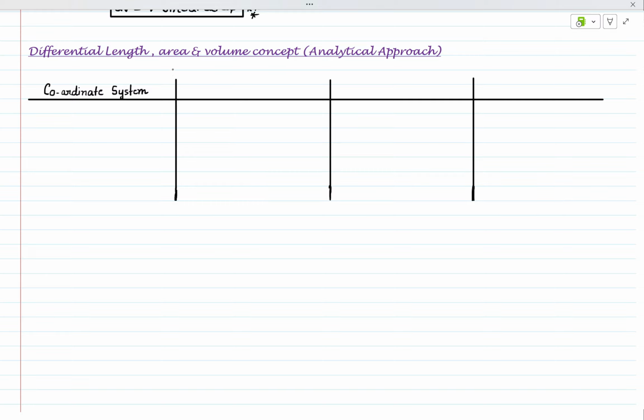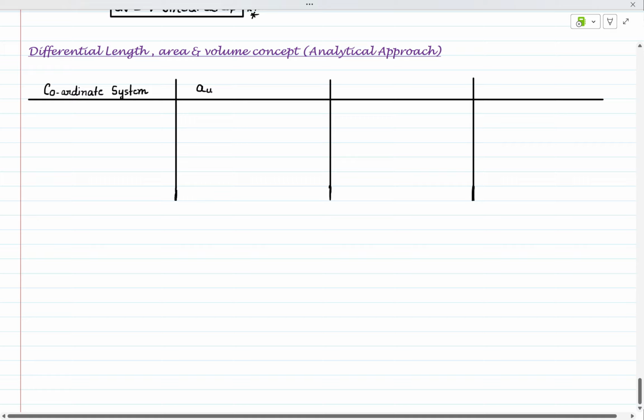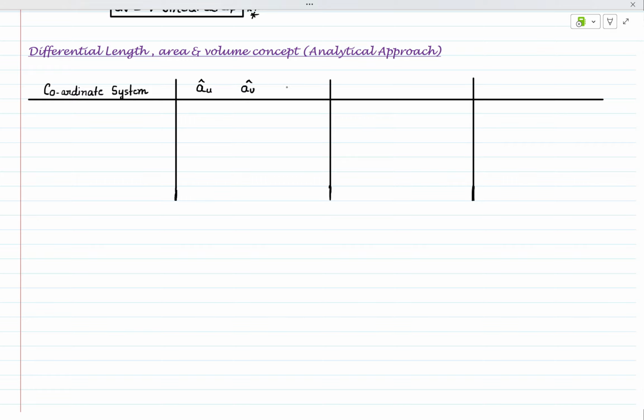Then after that, I will write the unit vectors, that is a_u, a_v, a_w. These are the unit vectors in the direction of u, v and w, where u, v and w are the parameters.